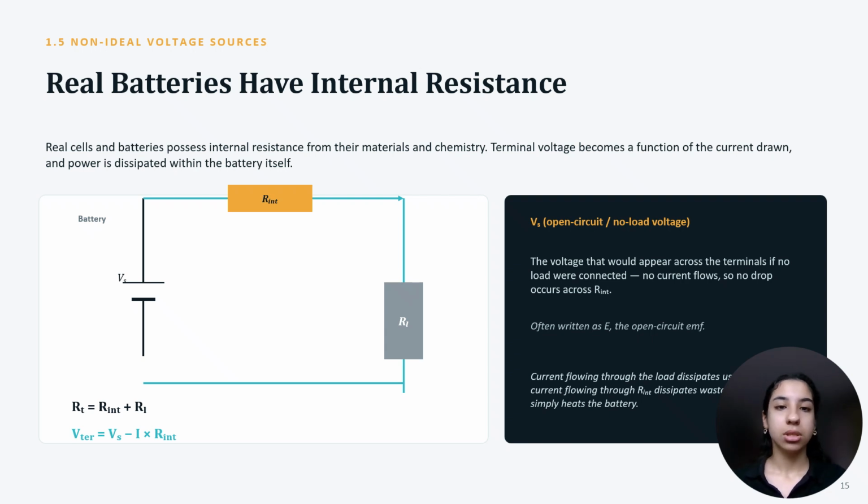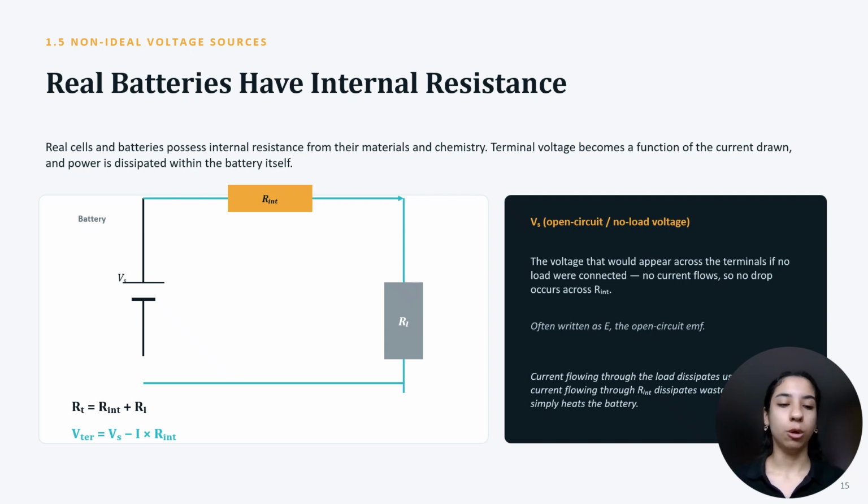Now, as I said, remember I talked about internal resistance of batteries, right? So here are the equations you can use to account for internal resistance. So the RT equals, here the yellow resistor is the internal resistance of the supply Vs, the battery.